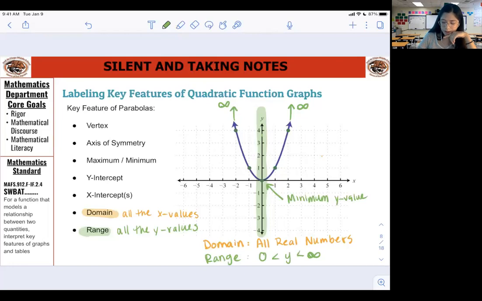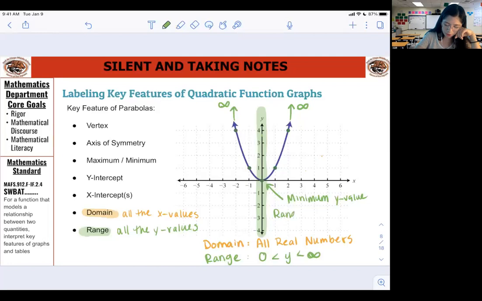So this is the way that I write it, from 0 to infinity. Y is in between 0 and infinity. Or you can say 0 is less than y is less than infinity. Let me write that one more time a different way.